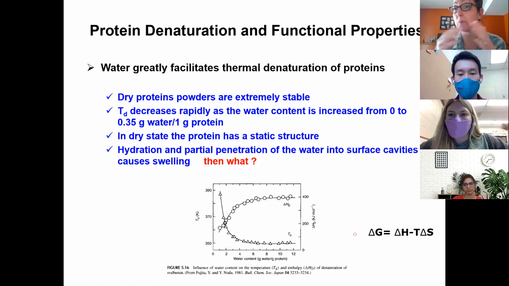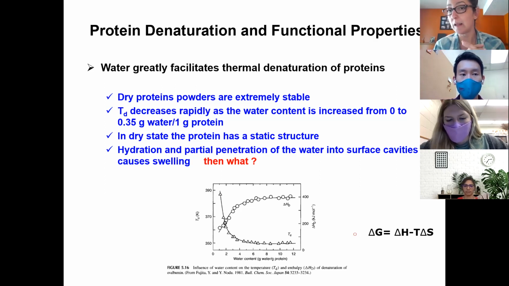The protein's internal bonds are broken because the water is there and the water forms hydrogen bonding instead of, for example, hydrogen bonds forming between the residues within the molecule. So then it becomes a gradual or spontaneous denaturation. The more water you have, the more the thermodynamics of the water facilitates breakage of bonds that are internal to the protein itself, and that will facilitate unfolding.